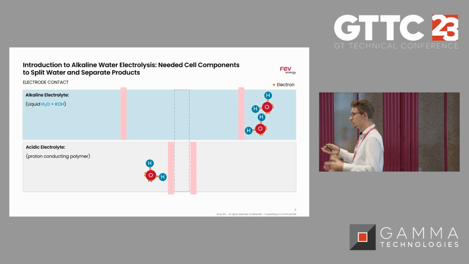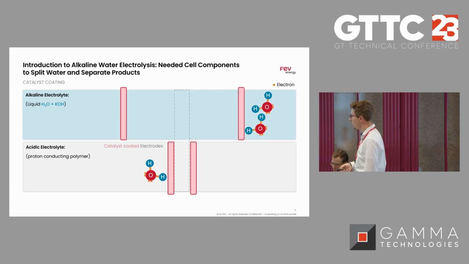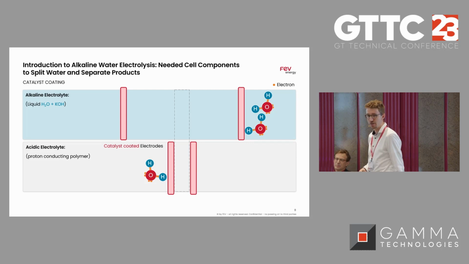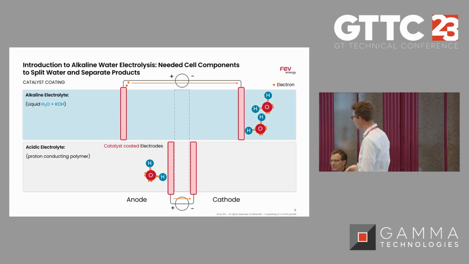So now we put in electricity, so energy, to split our water. We need the contact to the electrode. Ideally it's coated, so we need less energy to actually split the water and activate that reaction. And then we have on the left side here the anode, and on the right side the cathode. So the first thing we'll notice is that for the two technologies, the water comes from different sides.